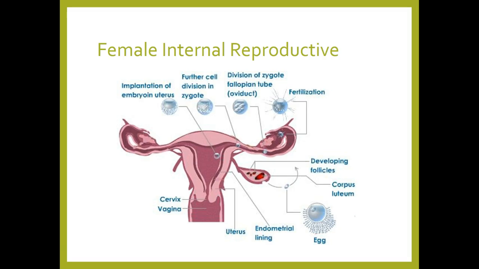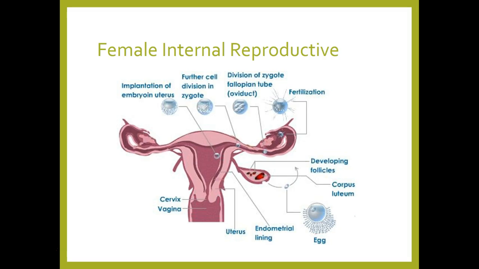Hormones are released in different places. The ovary releases estrogen, progesterone, and testosterone. We don't talk a lot about that one, but females do have testosterone as well, but we're focusing mainly on estrogen and progesterone.